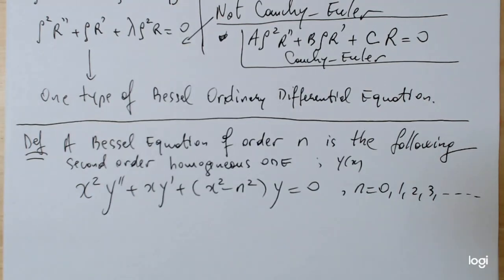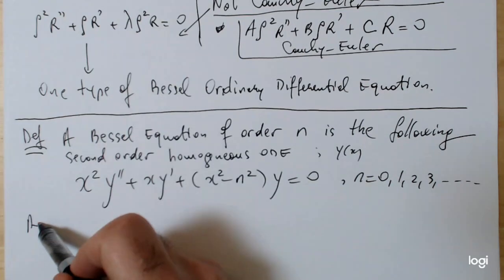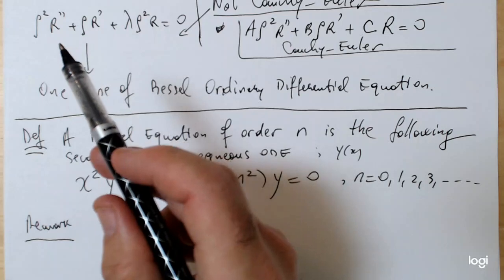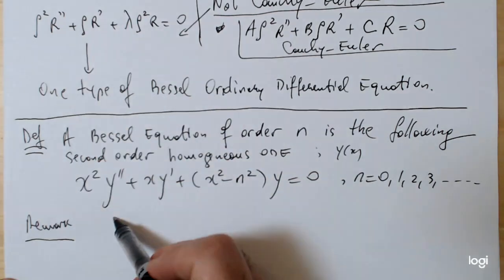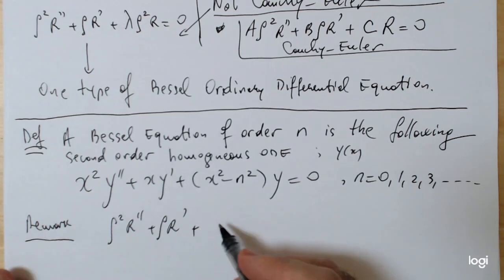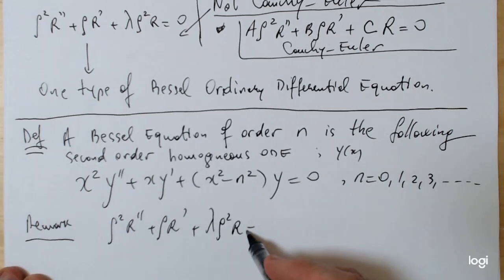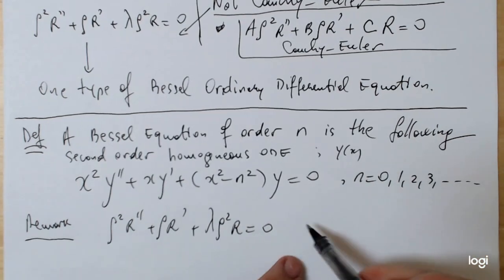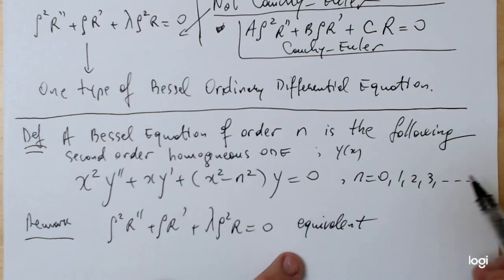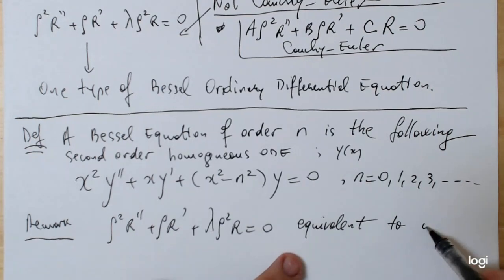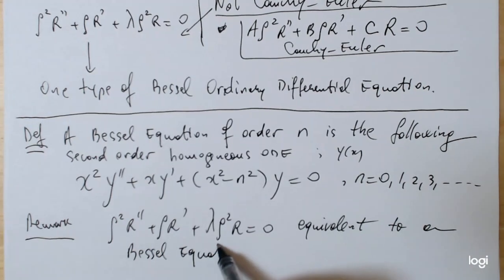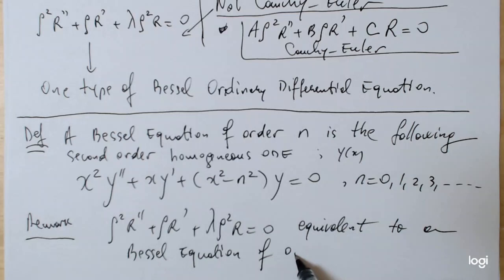And I want to point out another important remark at this point about what we had before in the process of solving that heat equation. When we had rho squared r double prime plus rho r prime plus lambda rho squared r equals 0, you will see later that this is equivalent, and we're going to show that in the next lecture, to a Bessel equation of order 0.